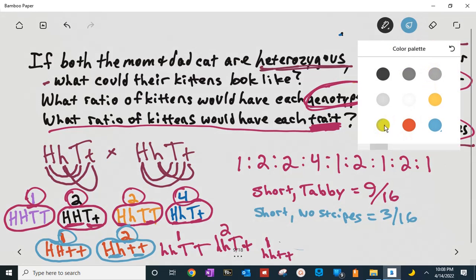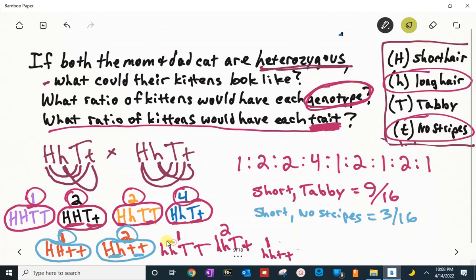Now what about the next one? We have homozygous recessive for long hair and homozygous dominant for tabby, so this is going to be long hair and stripes, or tabby. This next one is also going to have long hair because it's homozygous recessive, and it's also going to be tabby because it has the dominant capital T to cancel out the recessive lowercase t.